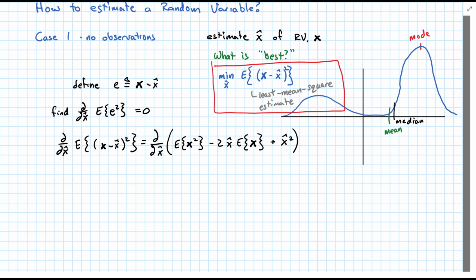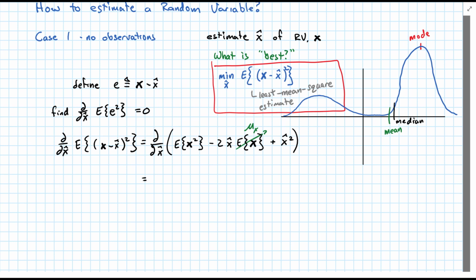For example, we know that expected value of x will just be our mean. Expected value of x squared is something else, but recall that we are finding the derivative with respect to x hat, and so in the derivative that goes to 0. It's not a function of x hat.